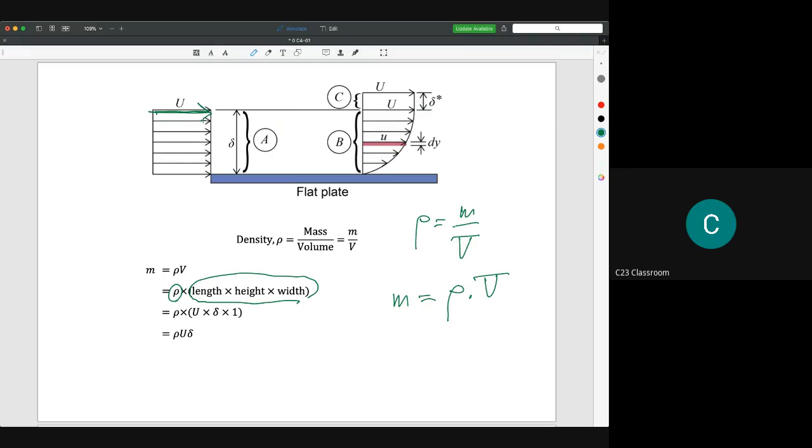The height is the delta, and the width here, we just assume that the width is equal to 1, unity. So we could say that the mass for this area can be written as rho U delta.